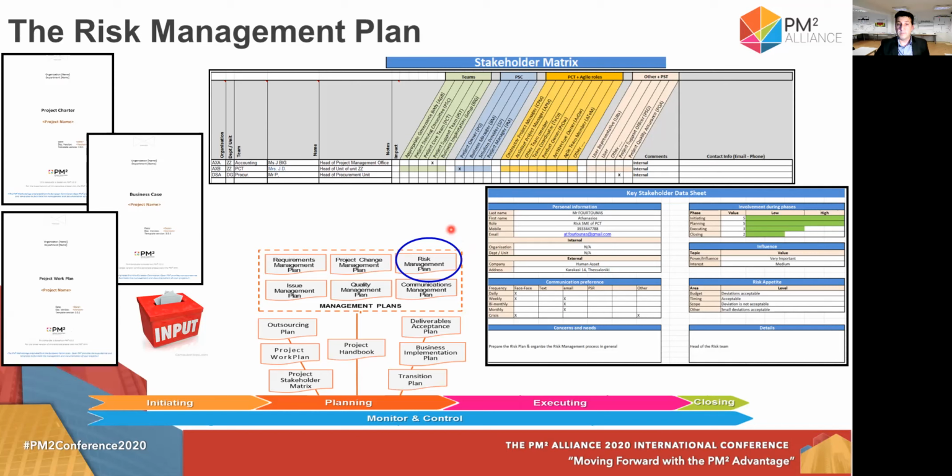You are, of course, in the planning stage. Why? Because you need information like not only the name of the stakeholder, but also the risk appetite of the stakeholder, the risk tolerance, the risk scope, the risk threshold, how he wants to deal with risk.